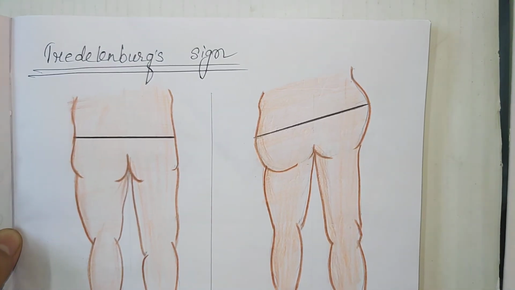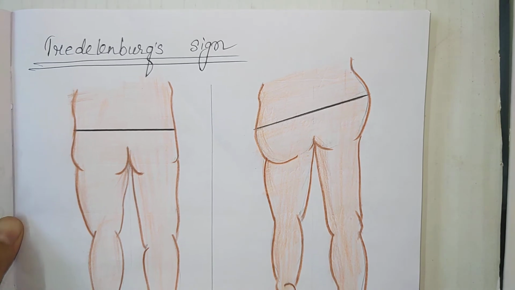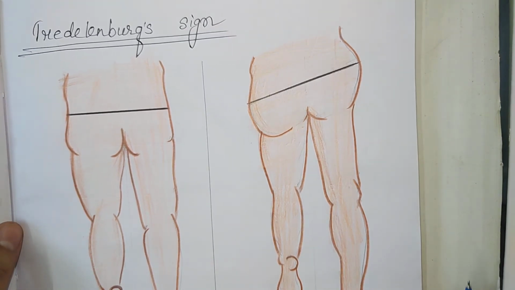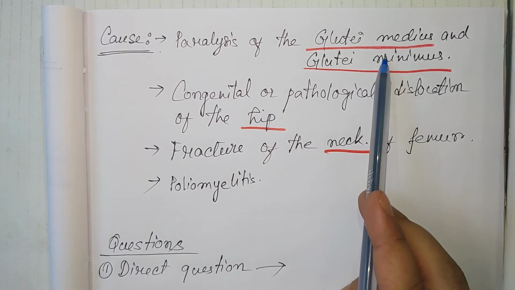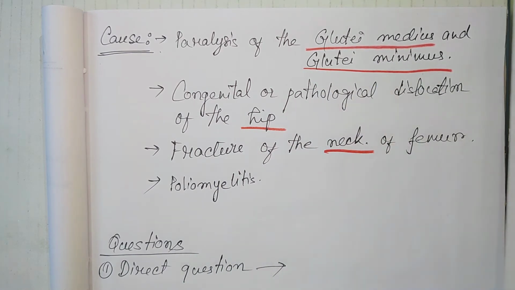Next we come to the causes. What are the different causes which make Trendelenburg sign positive? So first cause, which I have been repeating so many times, is paralysis of the gluteus medius and the gluteus minimus muscles.